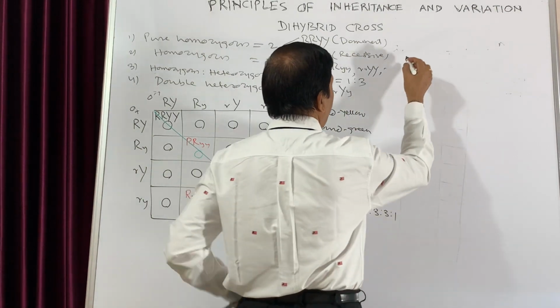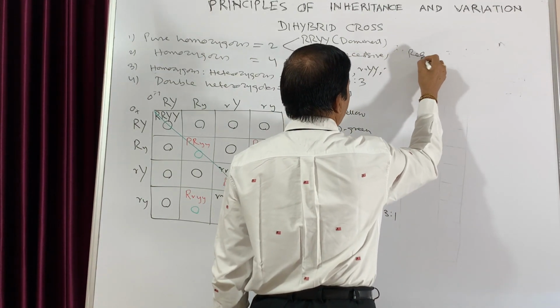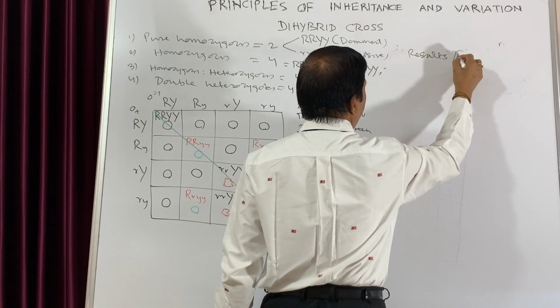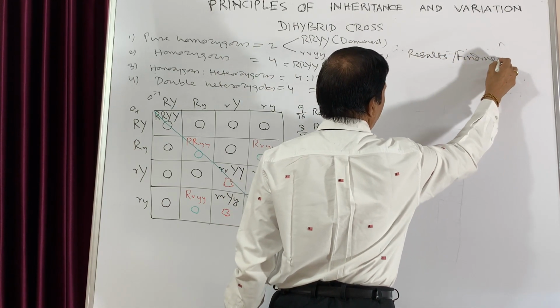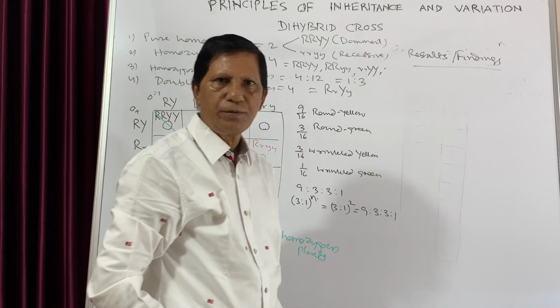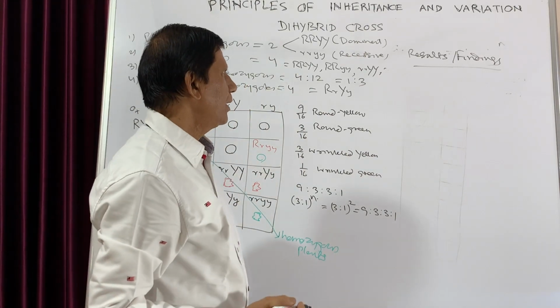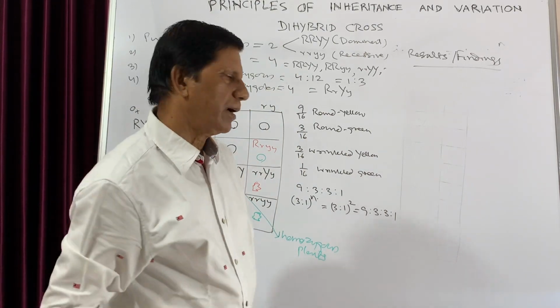So if we find the results or findings of the dihybrid cross, what are we getting? What we are getting means what Mendel got.